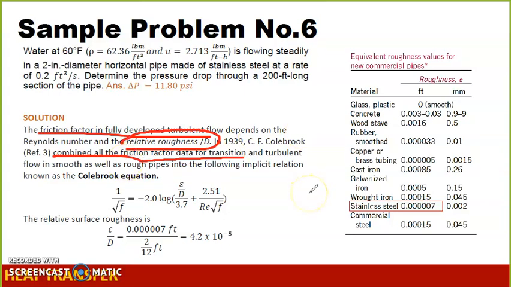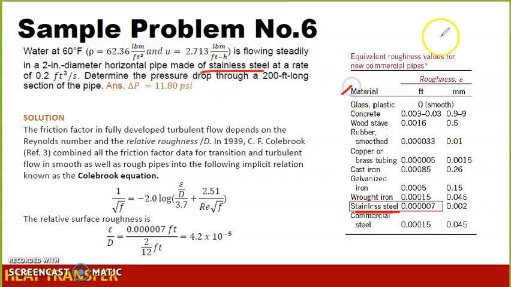The given pipe is actually a stainless steel pipe. The roughness for stainless steel is 0.000007. You need to determine the material first and then look at this table, whether it is in feet or in mm. For this problem, we will use feet.